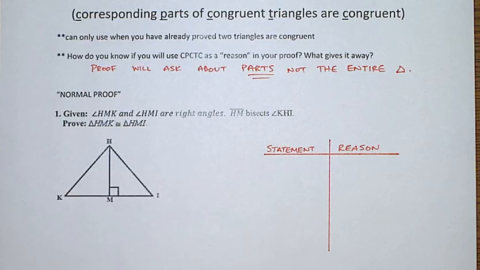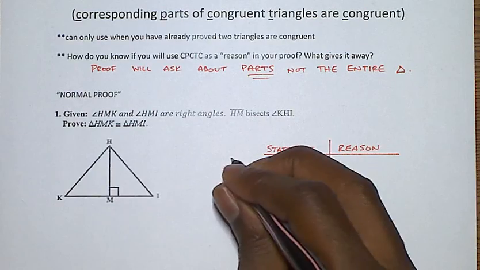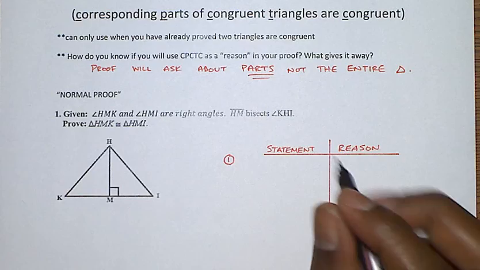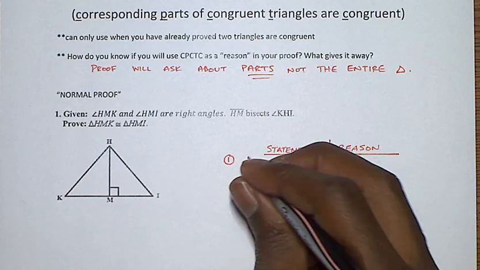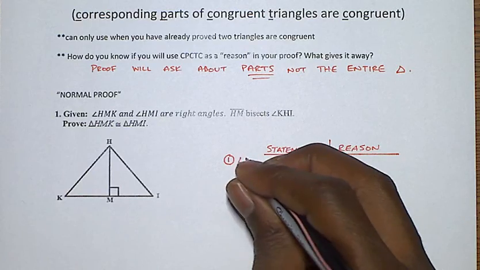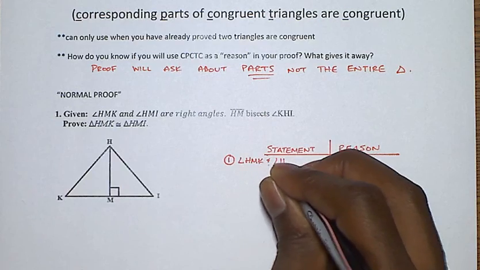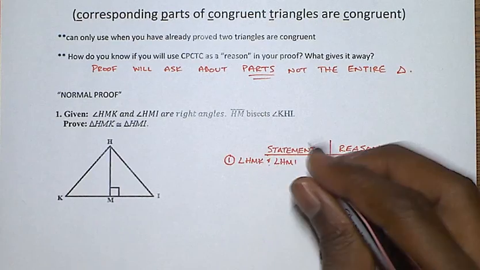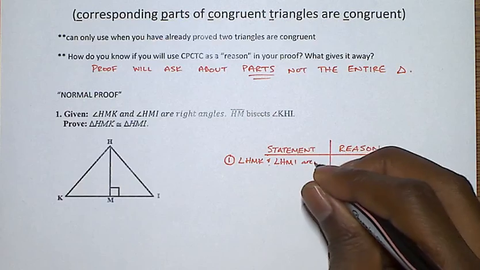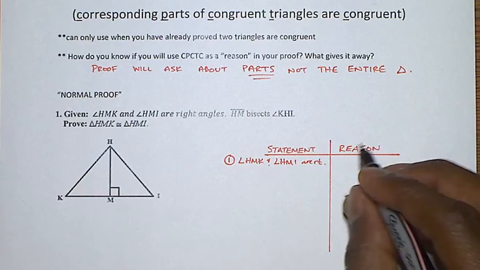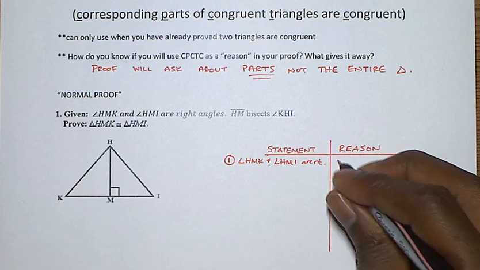So I'll start with my first statement, and it's probably a good idea to use a given. Okay, so I'm going to say that angle HMK and angle HMI are right angles. Alright, and I went too close to the thing, so hopefully you can read it. I'll try to write it bigger next time. Okay, and the reason is just that it's given.